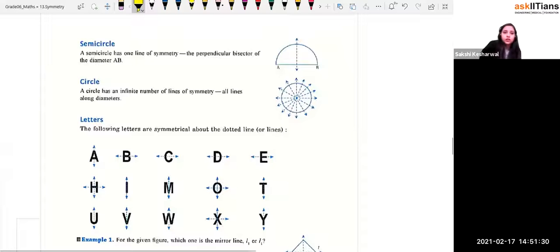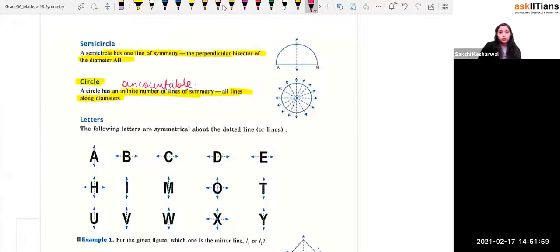So a circle has infinite lines of symmetry, the perpendicular bisector of the diameter, and infinite means uncountable. Every diameter is a line of symmetry, yes or no? So how many diameters? Uncountable, right?